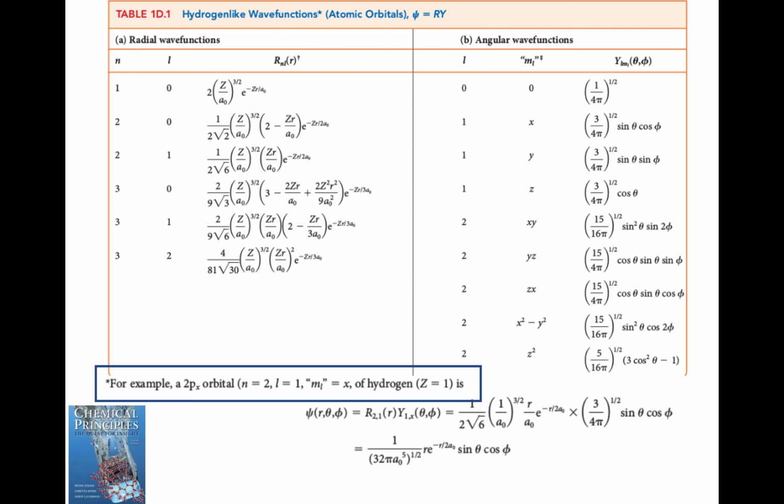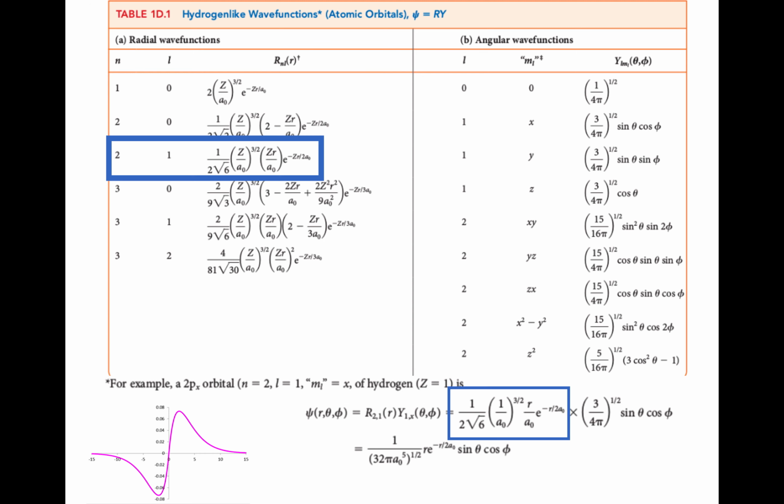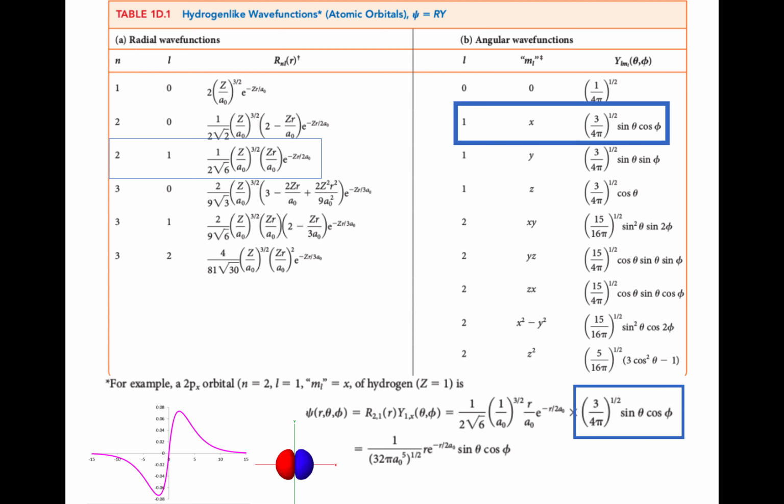Here he's showing that for a 2px orbital, we would have a radial component that depends on n and l. Combining that with an angular component, l and m sub l, gives us a radial wave function and then the overall atomic orbital.